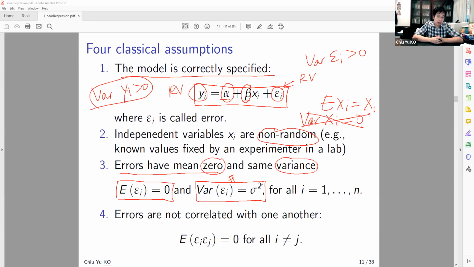And for those who study real estate or accounting, you will know this can also be problematic, because when we collect data in the real world, sometimes we collect from geographical locations, and different locations can be very different, right?